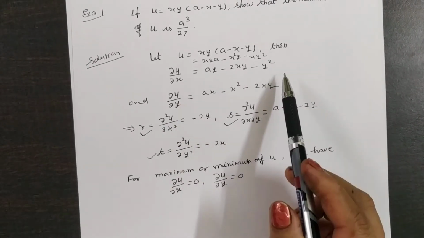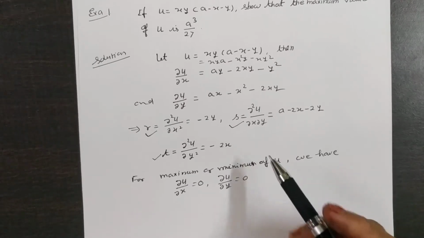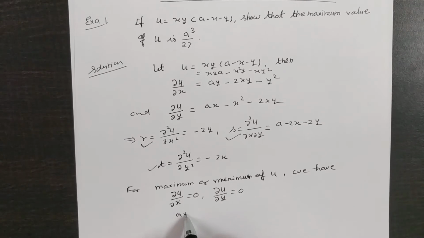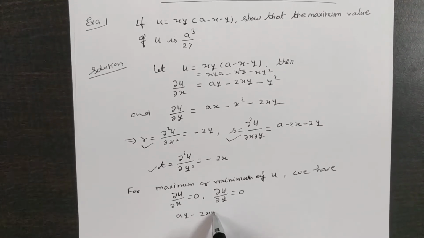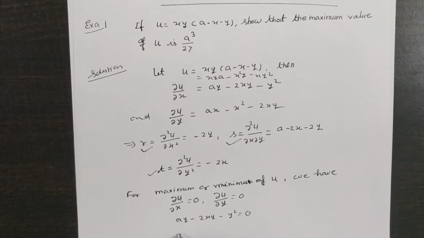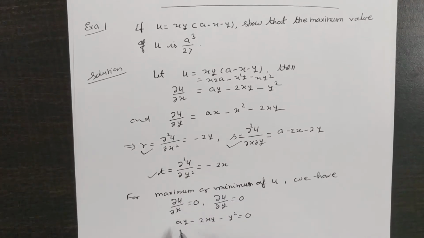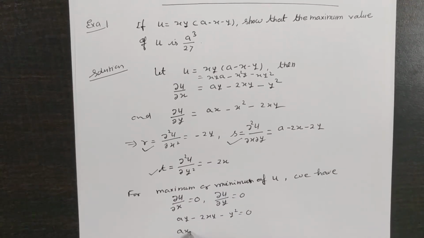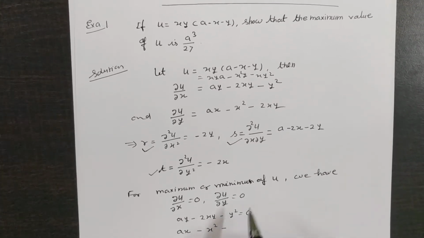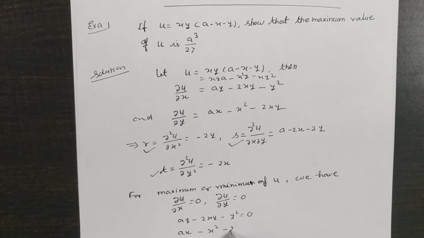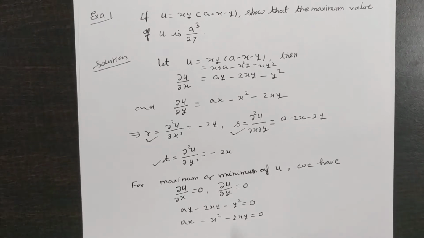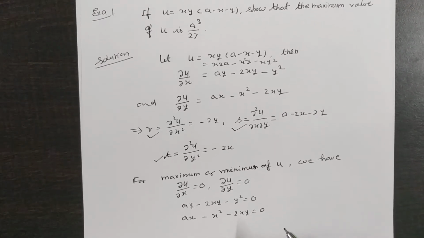That is, ay minus 2xy minus y square is equal to 0, and ax minus x square minus 2xy is equal to 0. Now solving these equations, you get the values of x and y.